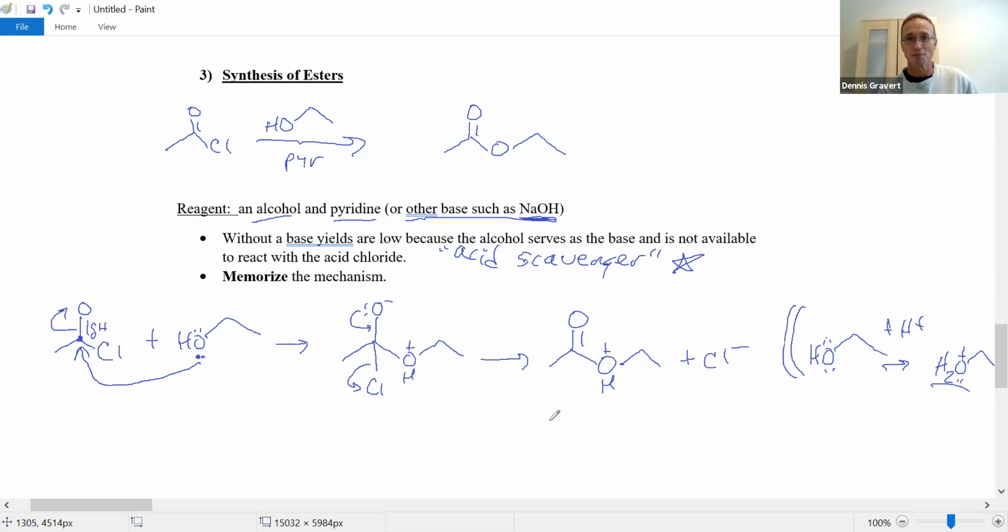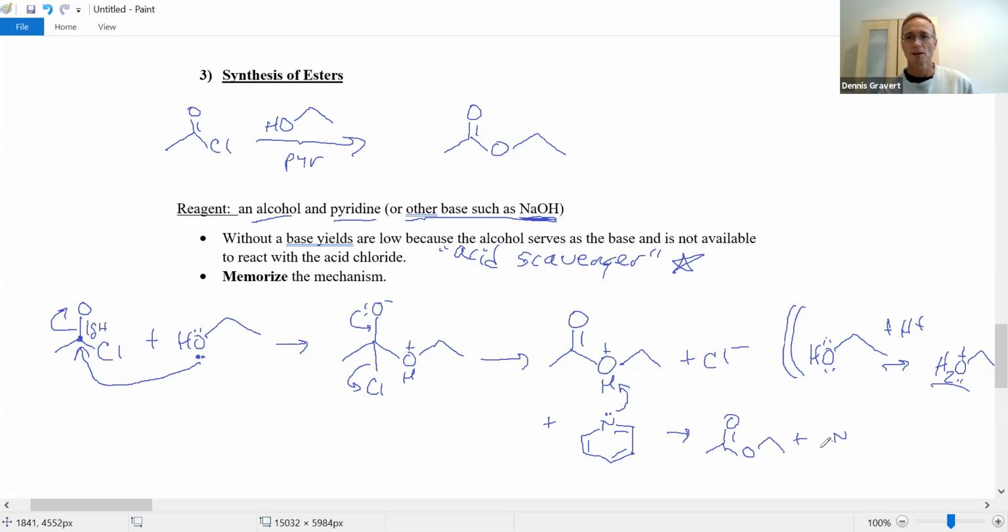So you got to bring in a little pyridine. Pyridine structure: it looks like benzene, but you substitute 1 carbon with a nitrogen. And the nitrogen's lone pair is not one of the Huckel numbers, not needed to get to the Huckel number of pi electrons. It's available to remove the H plus. So then you can create your ester.